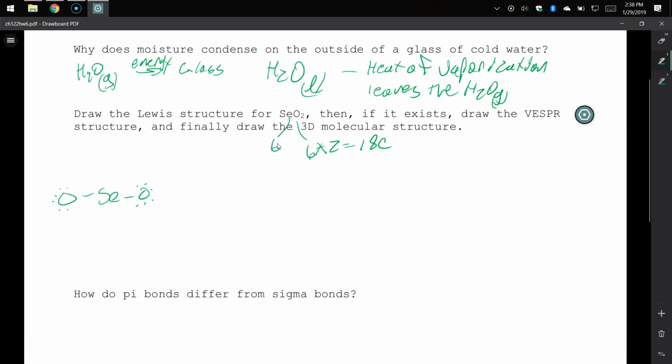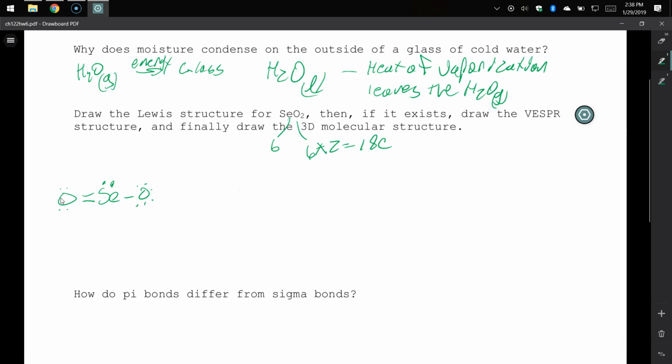It's still missing a lot. What do I need to do with it? Okay, so first we could put 2 electrons on the selenium, and that takes care of our 18, but it's still unhappy. So we could put a double bond there, and in doing so, we'll erase a couple of electrons off the oxygen. Okay, and there we go.